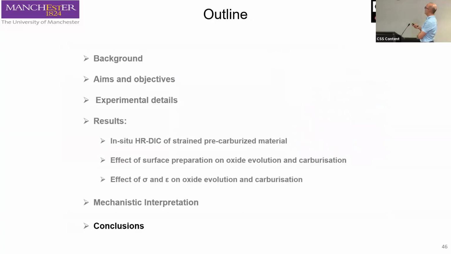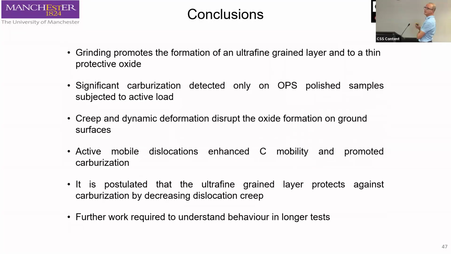So, if you want to look at the conclusions, we have seen that the surface preparation plays a significant role in the development of the oxide, and this is associated with the formation of an ultrafine grain layer, which has higher diffusivity as well as much higher fraction of grain boundaries for the formation of an outer protective oxide.